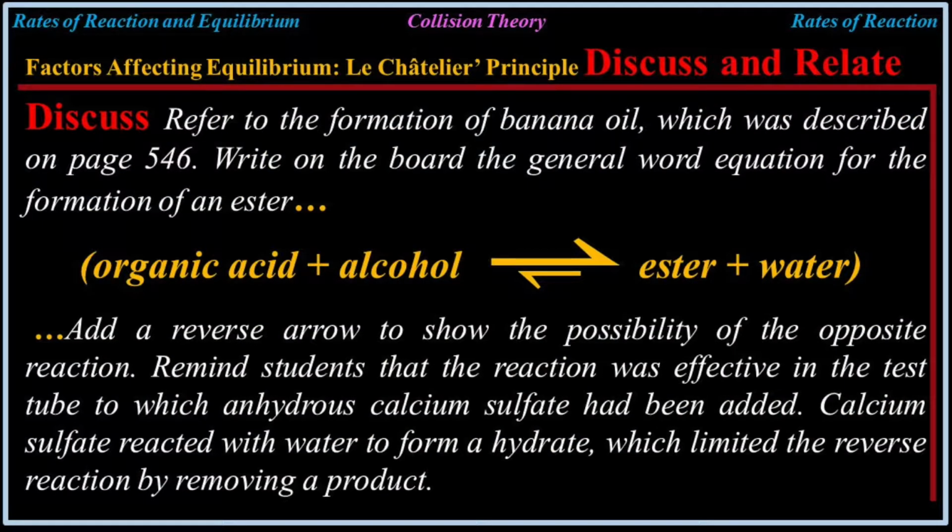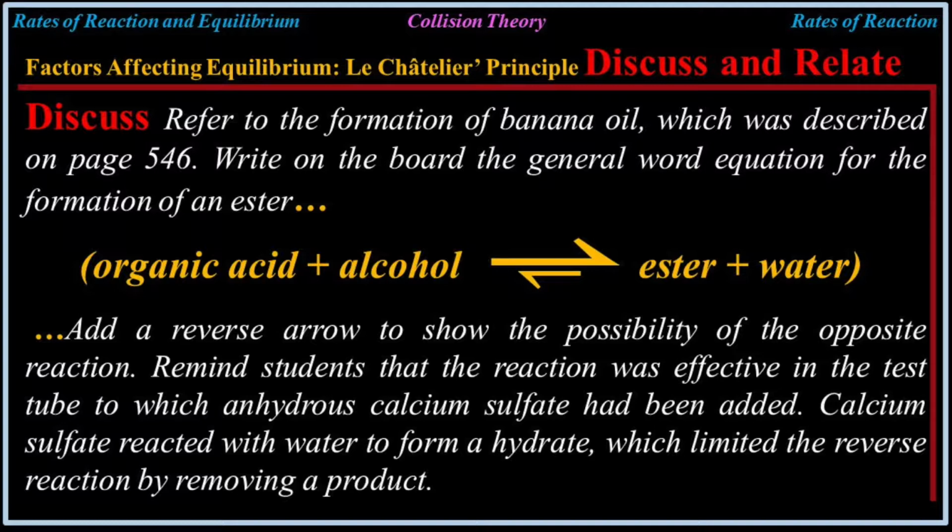Factors affecting equilibrium, Le Chatelier's principle, referred to the formation of banana oil, which was described on page 546. Write on the board the general word equation for the formation of an ester: organic acid plus alcohol yields ester plus water. Add a reverse arrow to show the possibility of the opposite reaction.